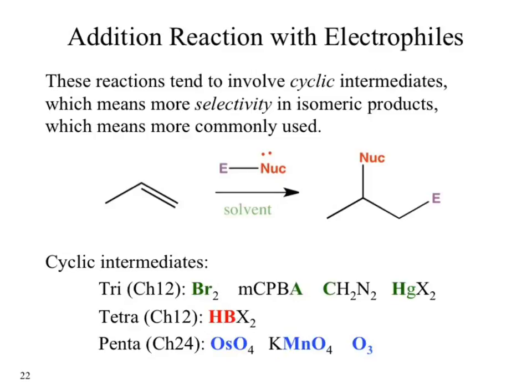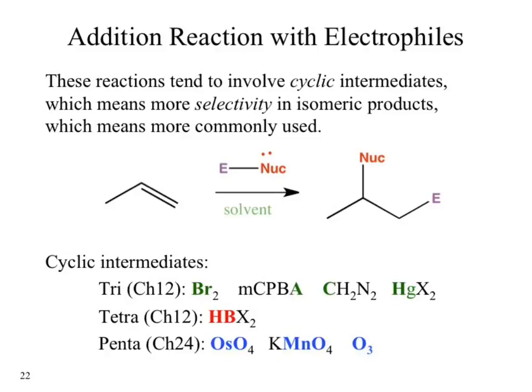In some of the reactions, the electrophile and nucleophile are physically bound to each other. In other cases, they're separated. But in all cases, we're going through the same kind of reaction. We're putting the electrophile, or our positively charged species, on the least substituted position, and our nucleophile on the most substituted position, all the way through.